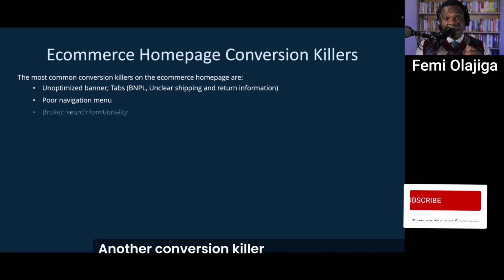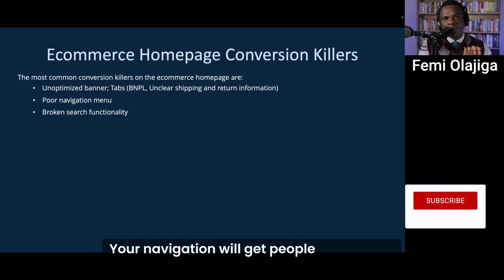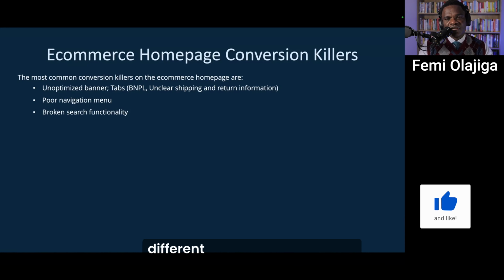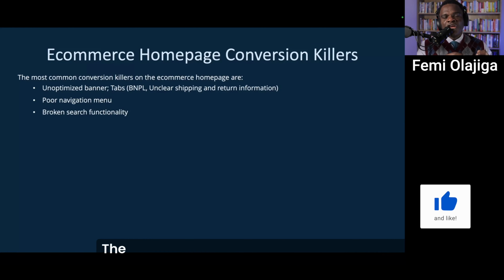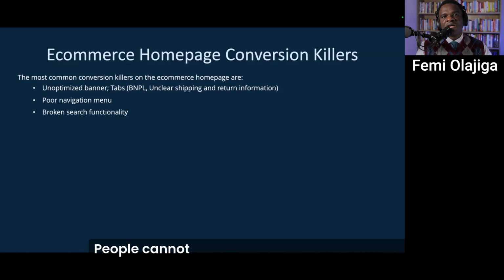Another conversion killer of your e-commerce store is a broken search functionality. Your navigation will get people to a certain page and it will help them navigate back to different sections of the website. That would help the user experience and increase propensity to convert. The other option, where you have a very large product catalog, people cannot always be using your navigation to navigate around.